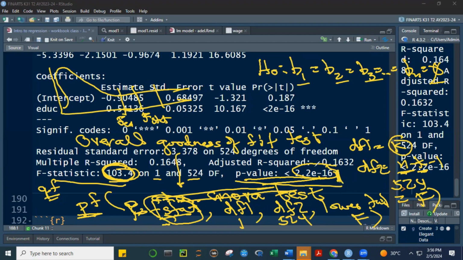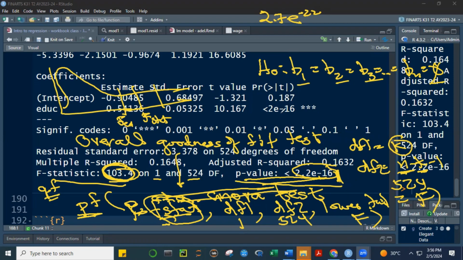But actually the p-value is 2.7 e to the negative 22. So ibig sabihin, mas maliit pa, no? A lot less than 0.05. Okay, so we were able to show here the p-value. Ang p-value natin is yun, 2.7 e to the negative 22. Hindi exact yung binigay sa atin dito.